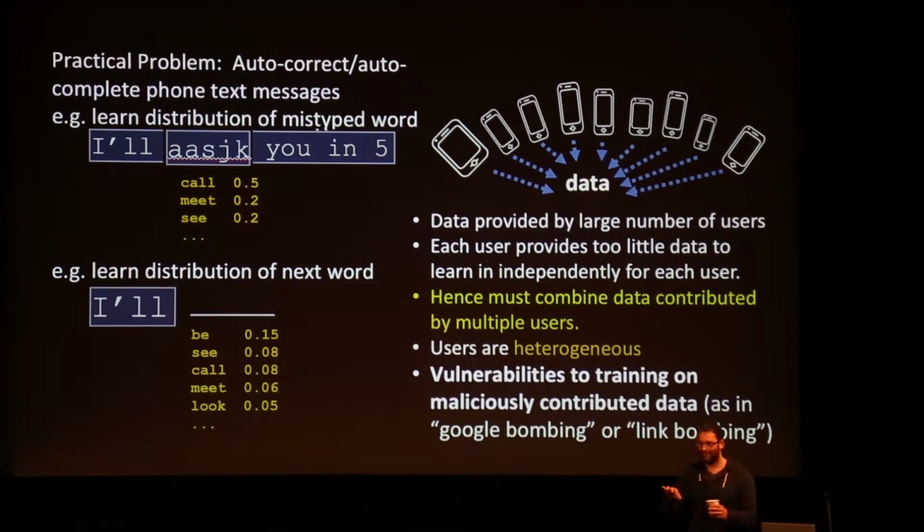Anyway, if you Googled miserable failure, the top hits were links to George W. Bush's page. So you could easily imagine that once people realize that our automatic text prediction is learned on data provided by all the users, all you need is enough users to start doing some funny things on their phone, and now everybody ends up with some weird profanities popping up as their suggested text. This is not an inconceivable thing that might happen.